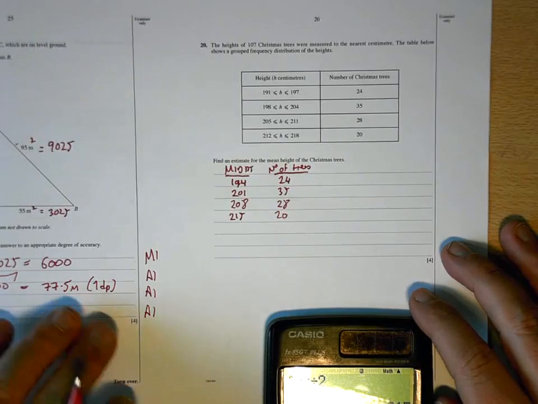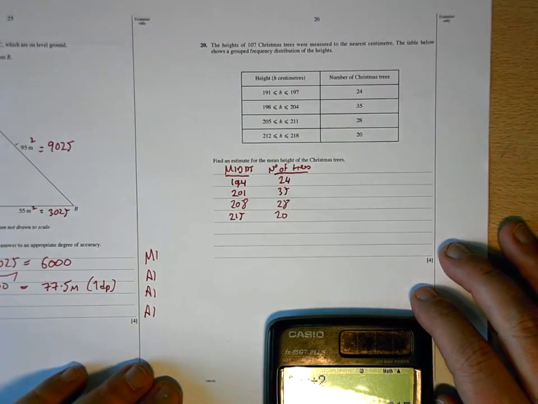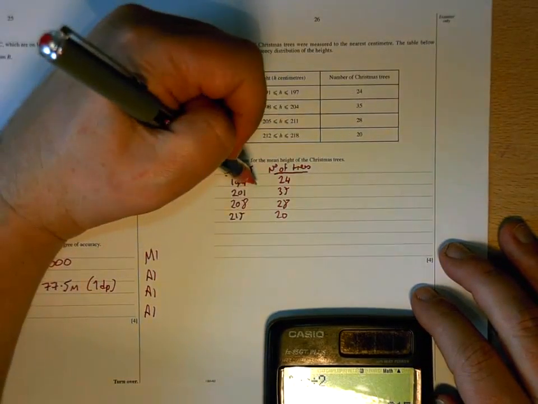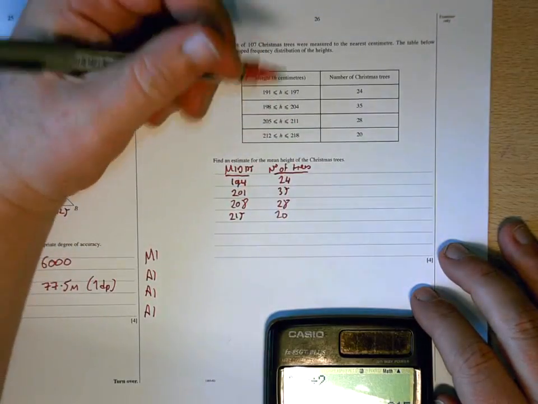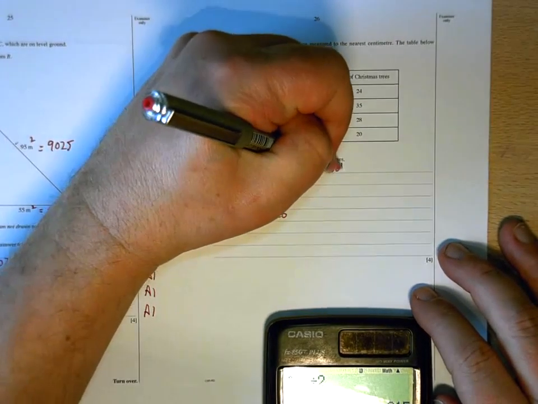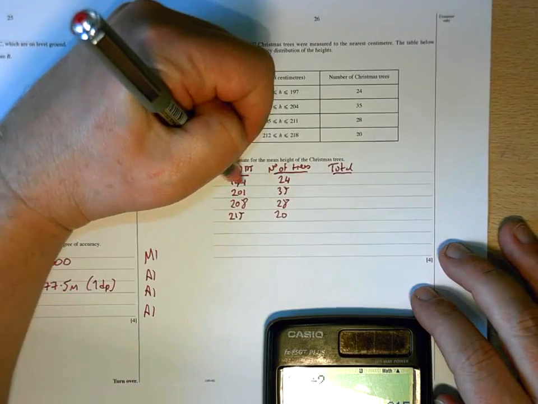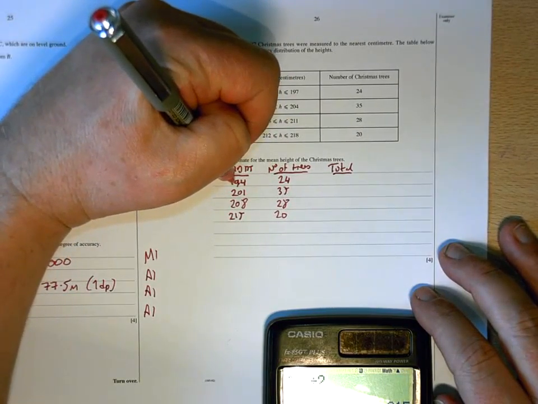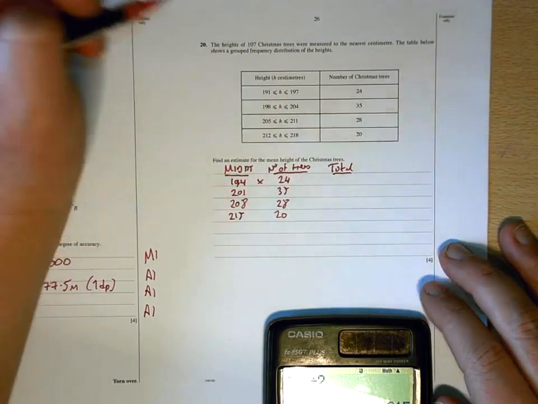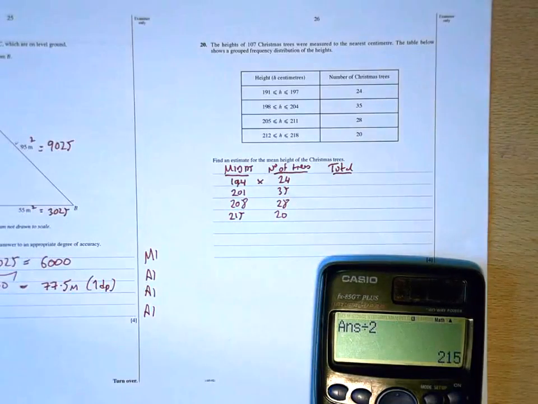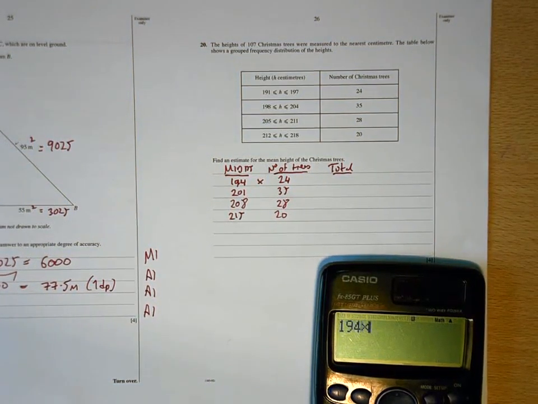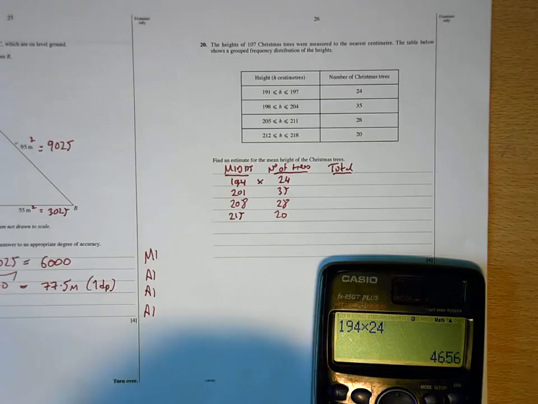Now I need the mean height. So I need to know what the total height of all those trees are. So the 24 trees that are each 194 will have a total height of 4656.